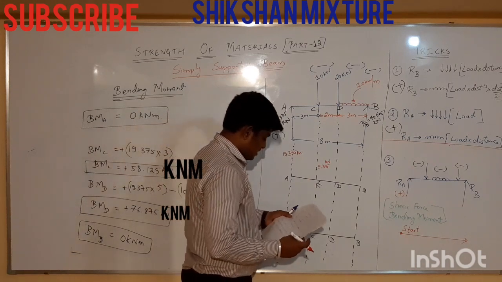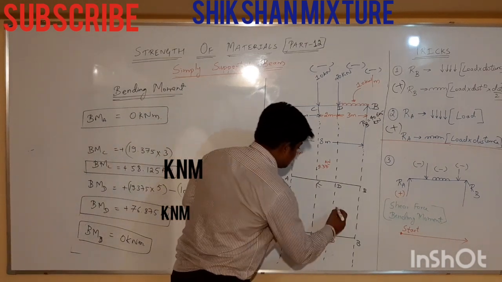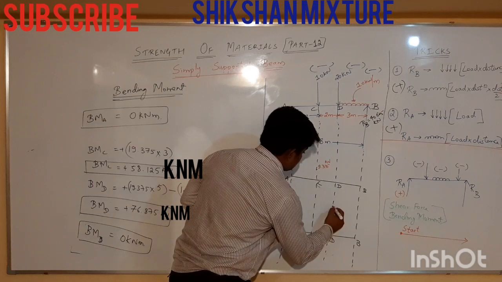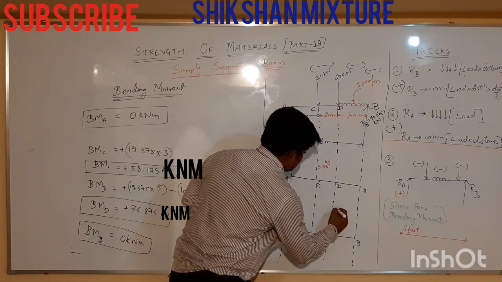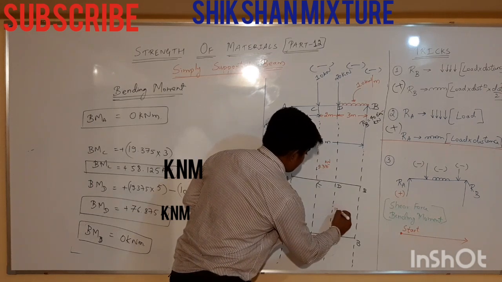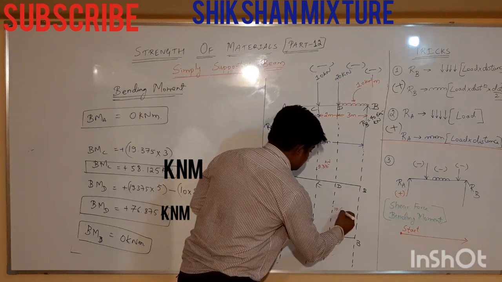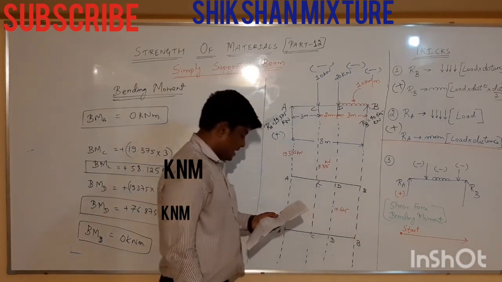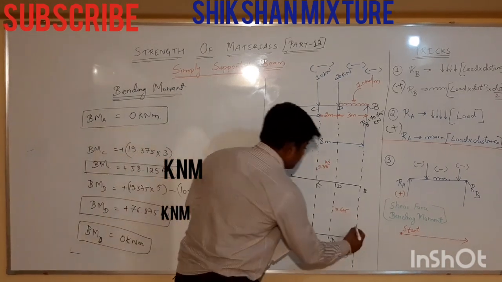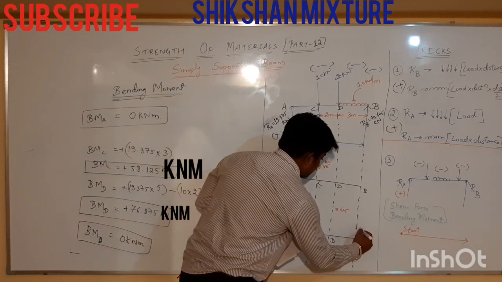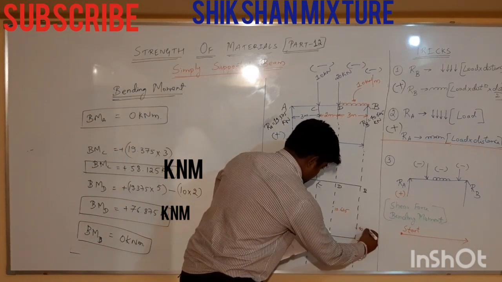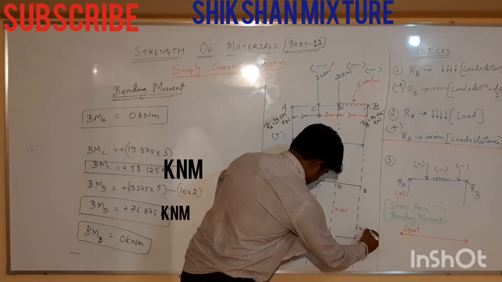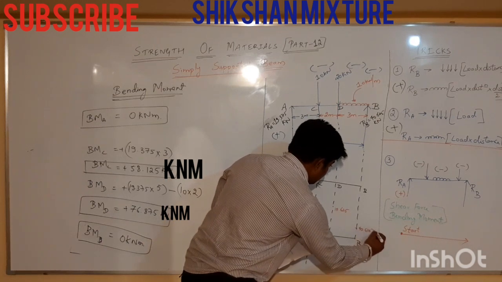Next, at D it is minus 10.625, and at B it is minus 40.625 kilonewton.